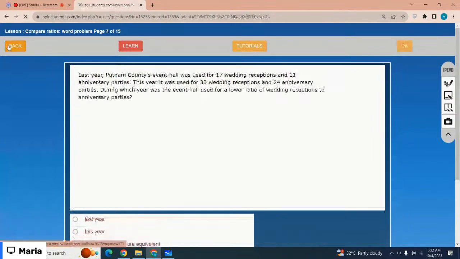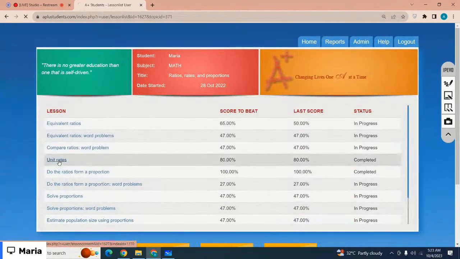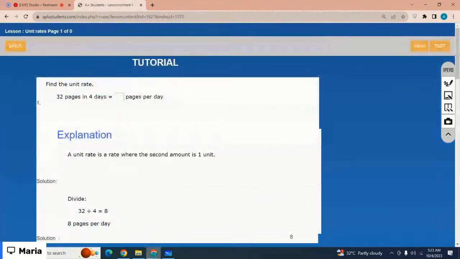The next lesson is unit rate. Unit rate means finding the cost of just one thing, right?